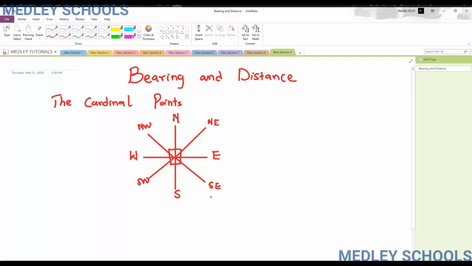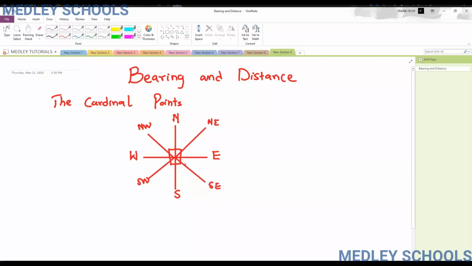So we have these 8 directions. That means a particular object can be in the position of northeast, southeast, southwest or northwest, depending on which two primary directions it lies between.